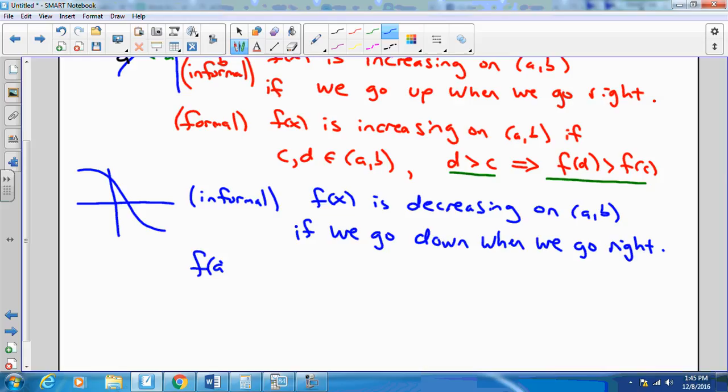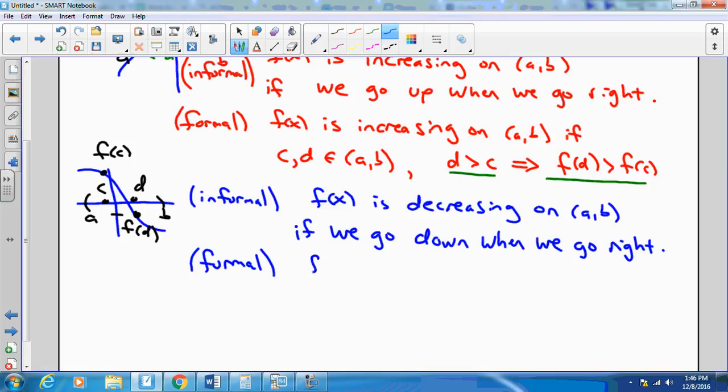And if you translate that into formal language, we're going to have here an interval a to b, and we're going to pick 2 points, and we're going to pick d to the right of c, and observe that when I go to the right, I go down.